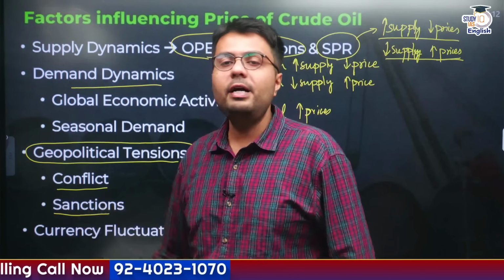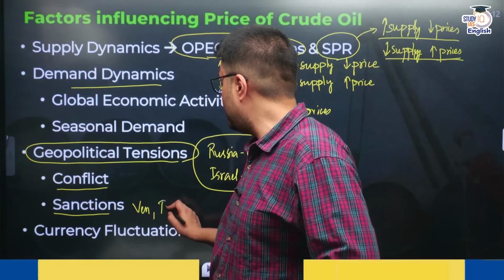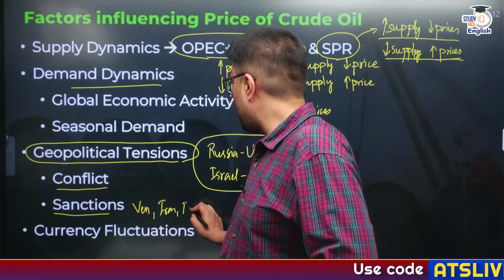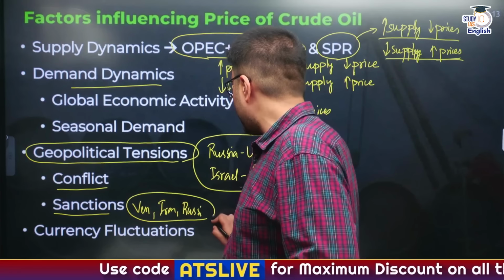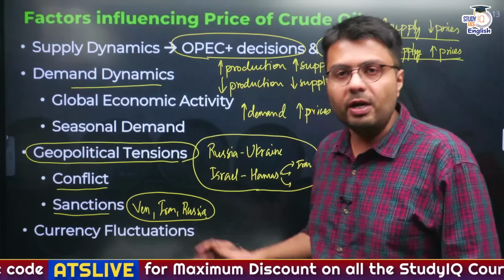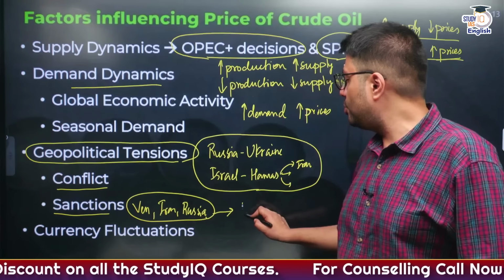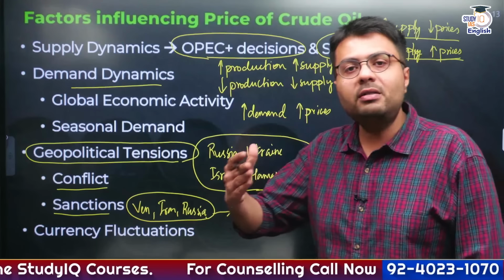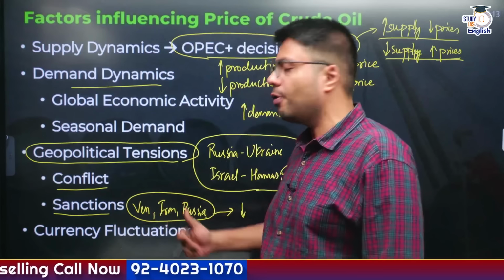Similarly, the US has tried to impose economic sanctions, be it on Venezuela, Iran or Russia. Now, all these three countries are part of the OPEC as well as OPEC Plus coalition, right? Russia is not a part of OPEC, but is part of the OPEC Plus coalition. So, economic sanctions on these countries make it difficult for purchasers of crude oil like India and China to purchase crude oil from these countries.